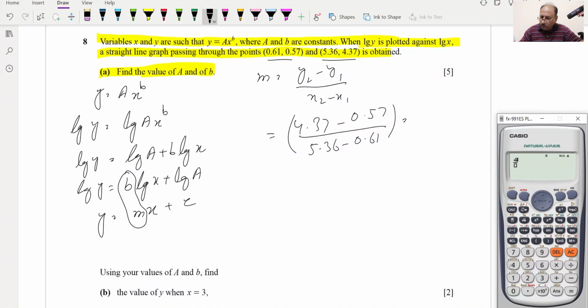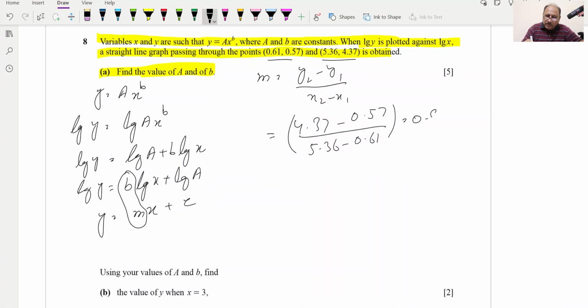So fraction 4.37 minus 0.57 over 5.36 minus 0.61 is equal to 4 by 5, or we can write 0.8. So in decimal 0.8. So m will be equal to 0.8, and this is equal to basically b value. So b value is equal to 0.8.